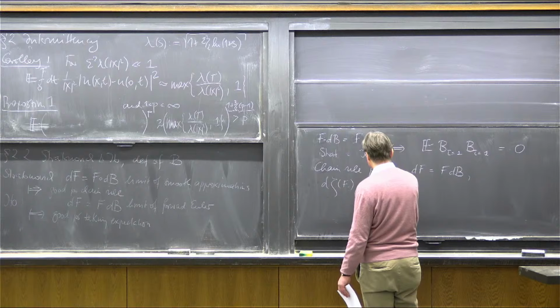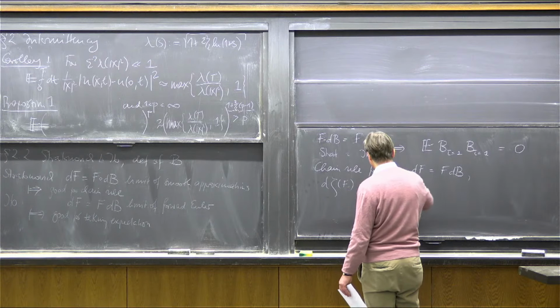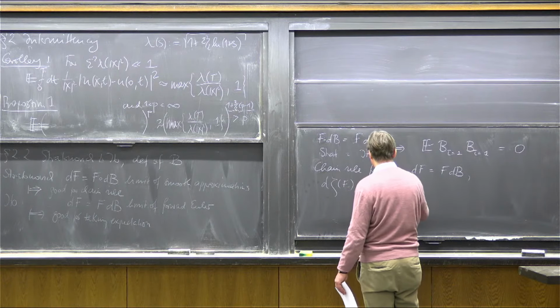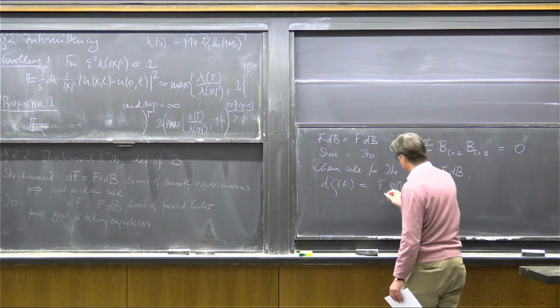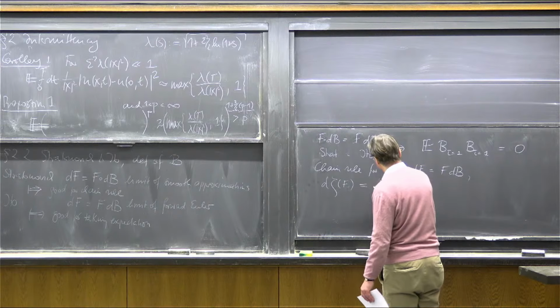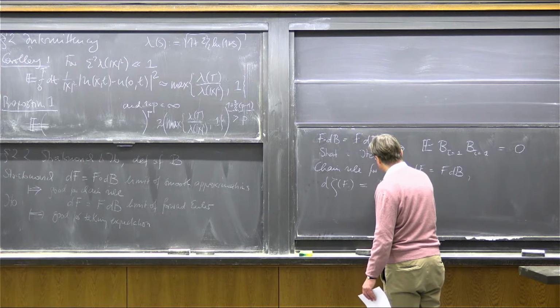You get a martingale term, which is given by this here, and which has, that's the advantage of the Ito form, vanishing expectation.